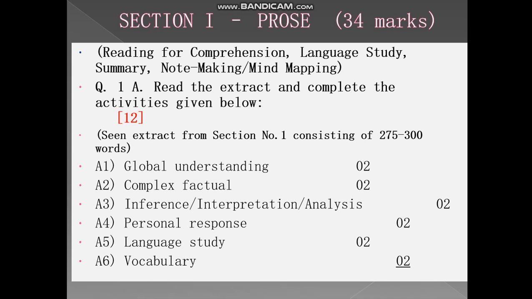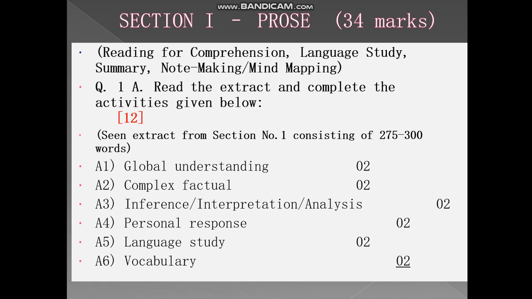Here, which pattern could they ask you? Table filling, true false, fill in the blanks, complete the sentence, offer the reasoning. Third one, A3, inference, interpretation and analysis. Here the answer would definitely be in the passage, but you yourself will find out and convert that in your own words.